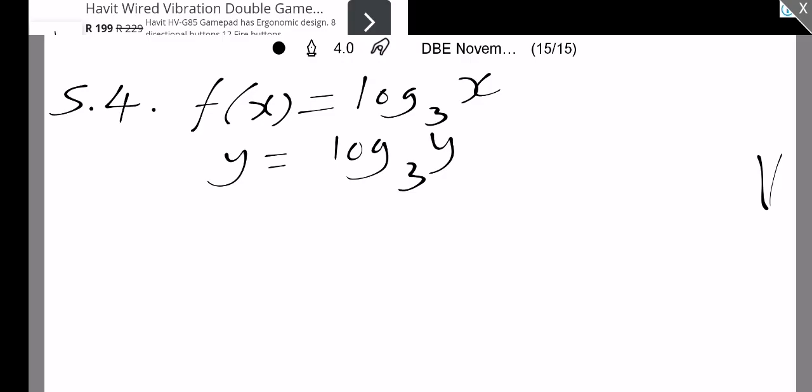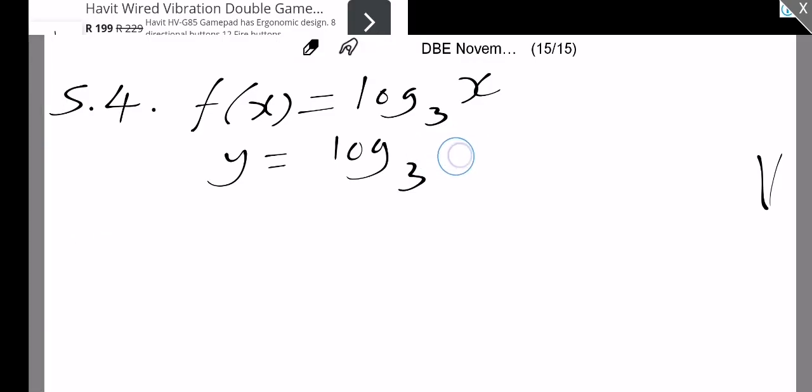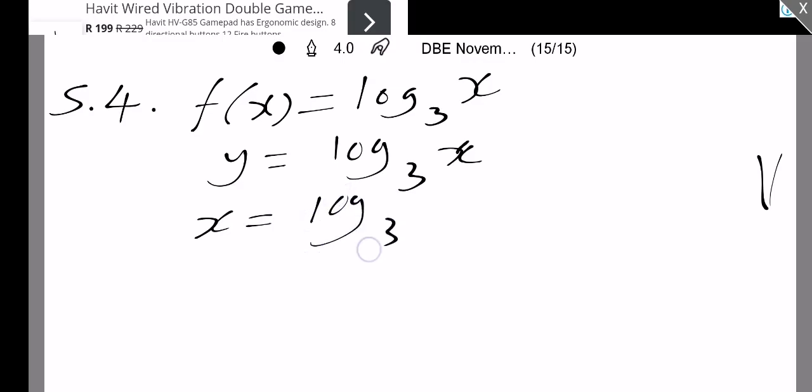Remember, we've got to make y the subject of the formula, and I said we've got to convert to exponential form. I've been making a lot of mistakes today. Yes, this is x. You swap x and y, and you're going to have log base 3 of y.